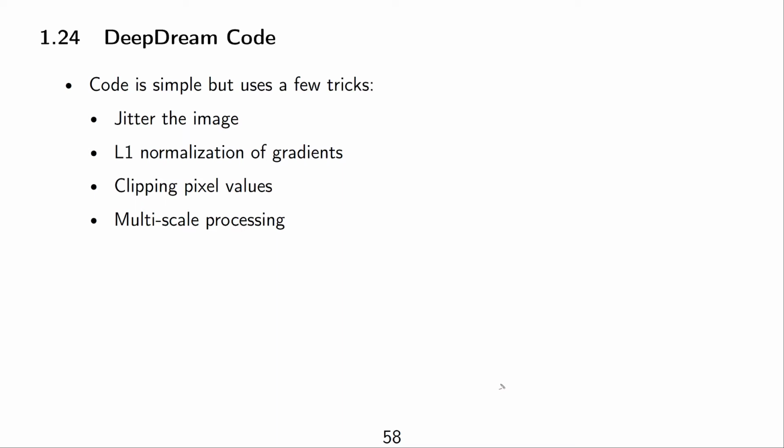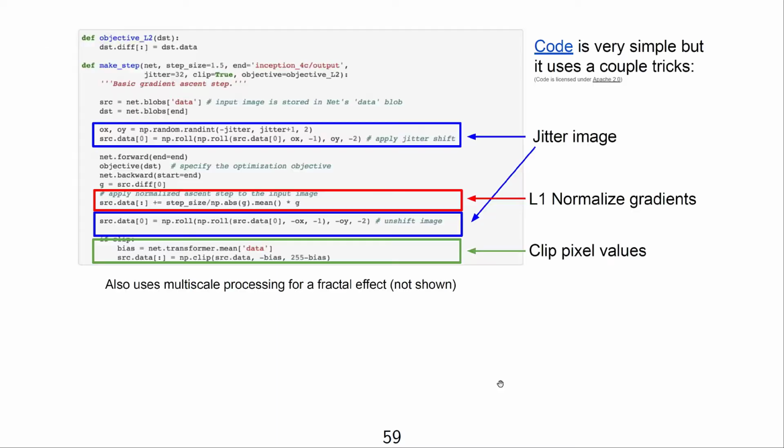So the code is quite simple, but there are going to be a few tricks. The image is going to be jittered, and I think this has a similar effect to blurring the image. There will be some L1 normalization of the gradients. There will be clipping of pixel values, and also there's multi-scale processing.